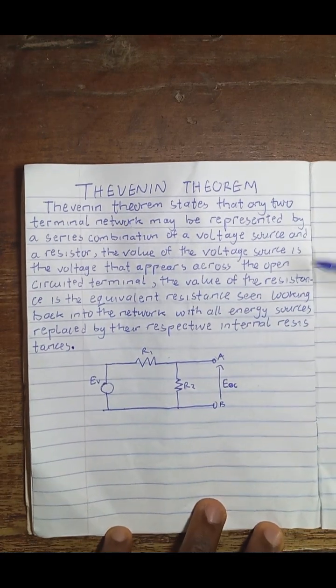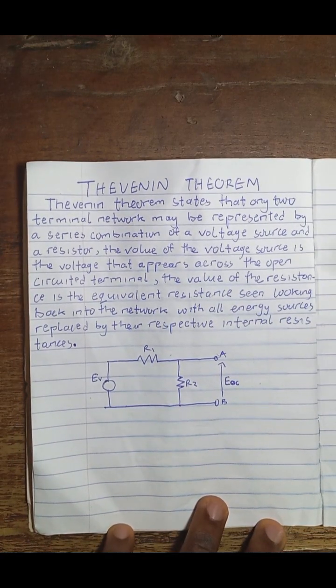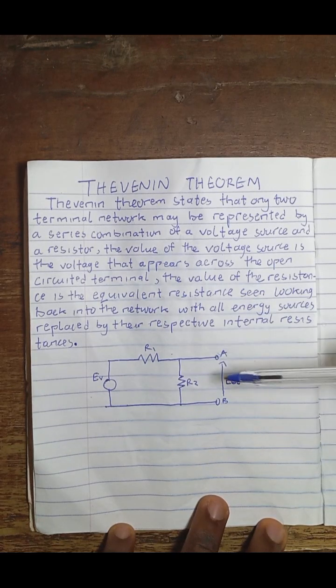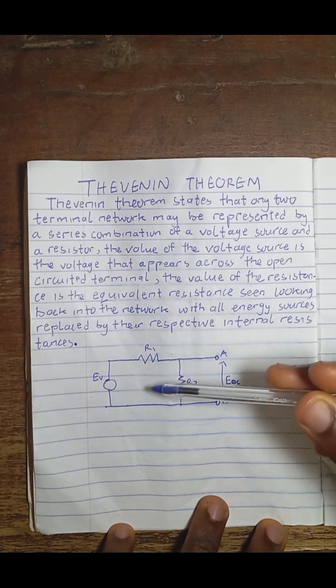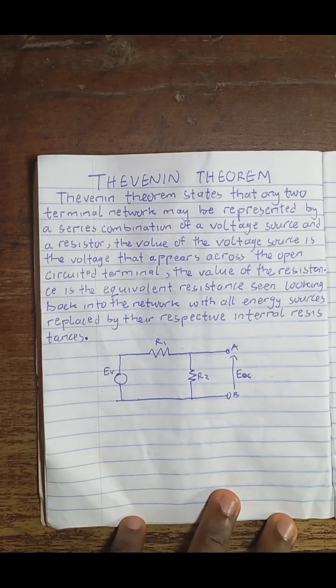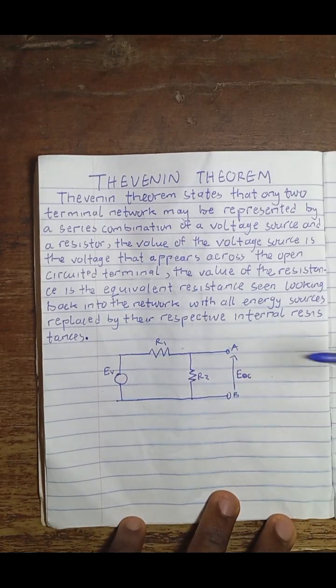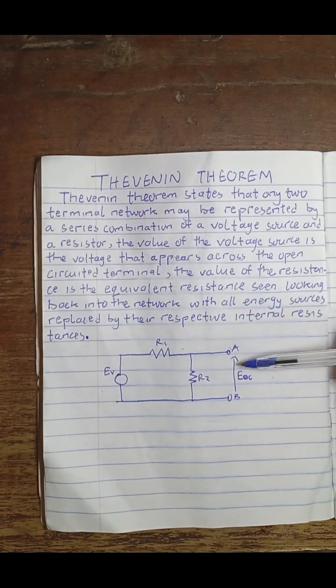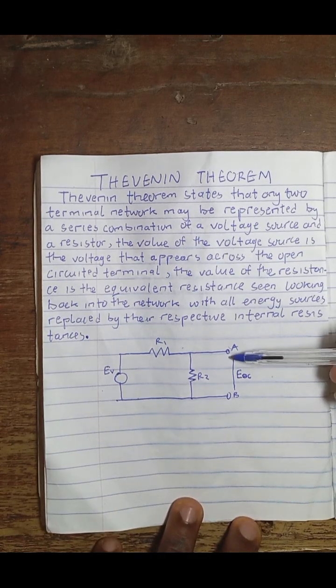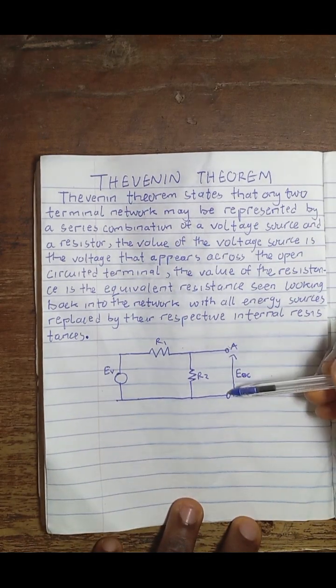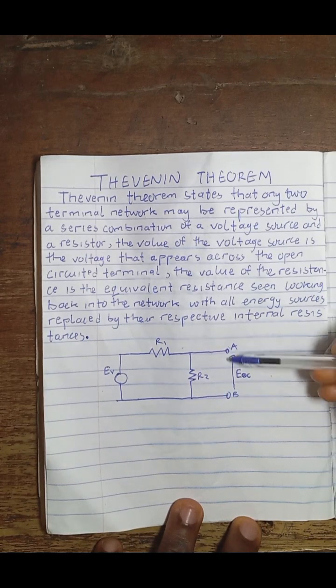So Thevenin theorem is trying to tell us that a network like this can be represented by a series combination of a voltage source, and the voltage source is the voltage that appears across this open terminal. So Thevenin voltage is the voltage that appears across this open terminal.